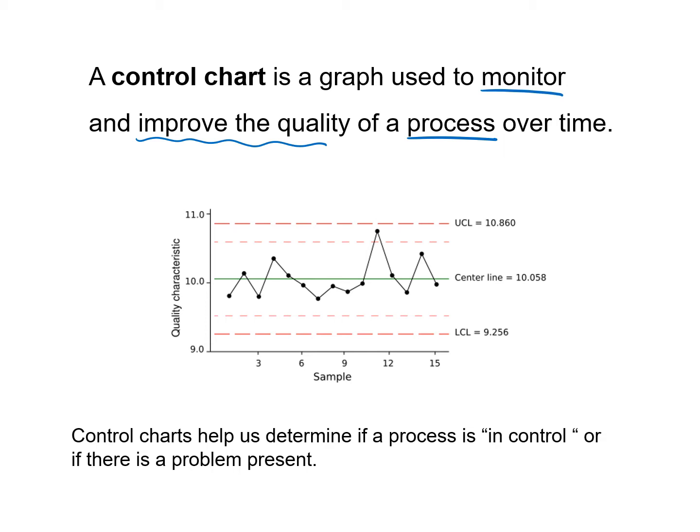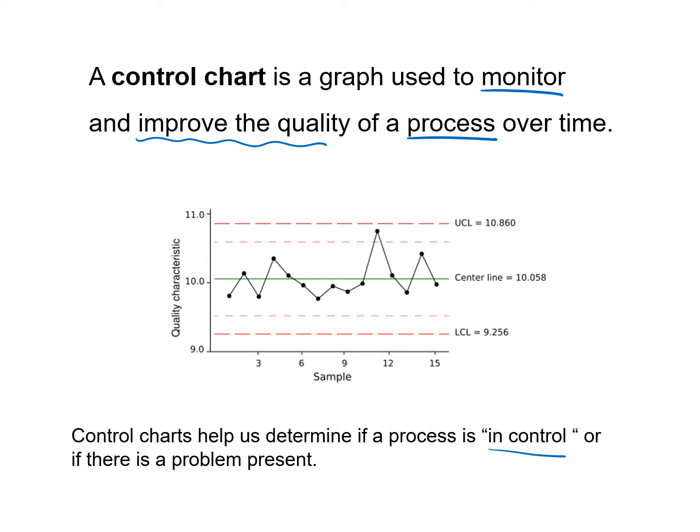Well, you could measure how effective a process is. So it could be figuring out the weights of a cereal box, the number of chocolates in a given box of Smarties maybe, the volume of a bottle of water, or all sorts of things. But the whole reason why we use the chart is to determine if it's in control or if there's a problem.